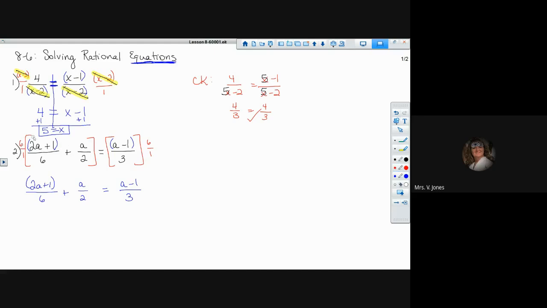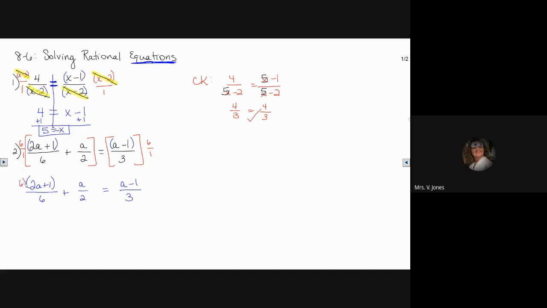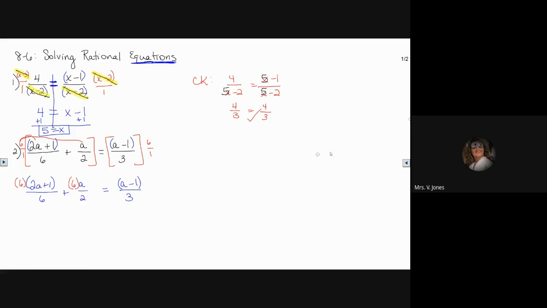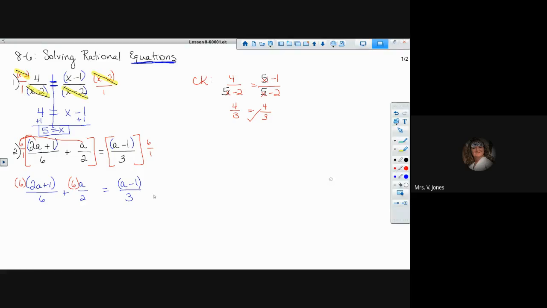That means every term on the left side has to be multiplied by 6. So this first term gets multiplied by 6. It's just the distributive property. And the second term gets multiplied by 6. And then that means if I did it on the left, I have to do it on the right. So the right side, forgot to put the parentheses, also gets multiplied by 6.